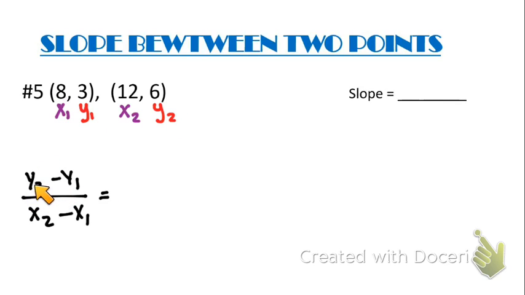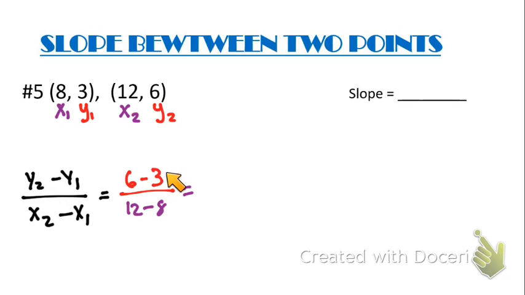So it says y2. y2 is 6. And then it says minus y1, which is 3. All right, now our x2. Second x is 12. Minus the first x, which is 8.